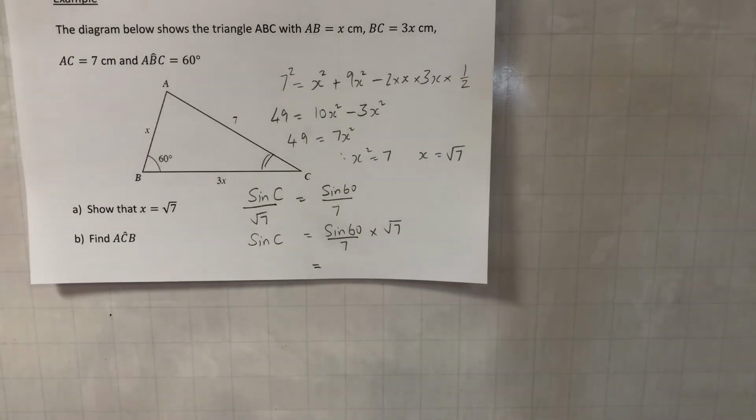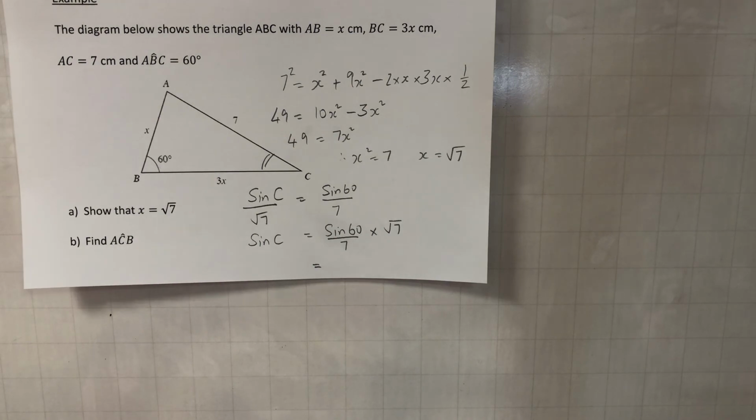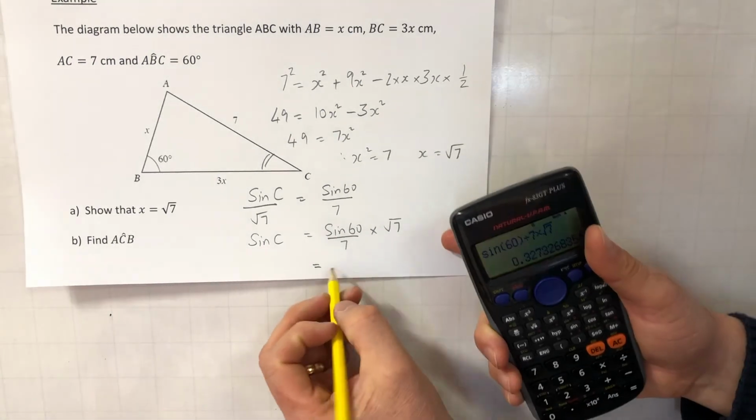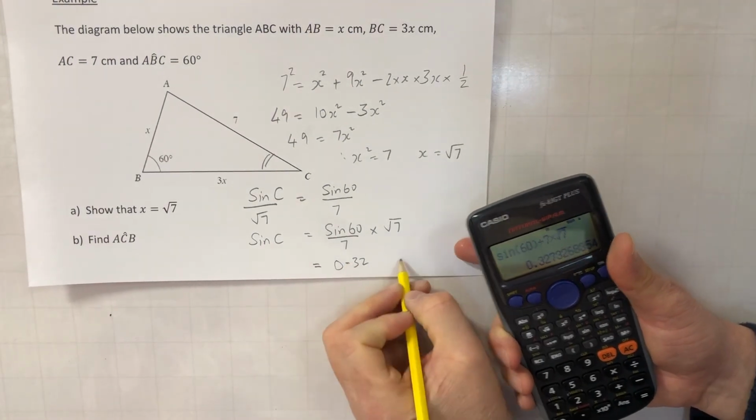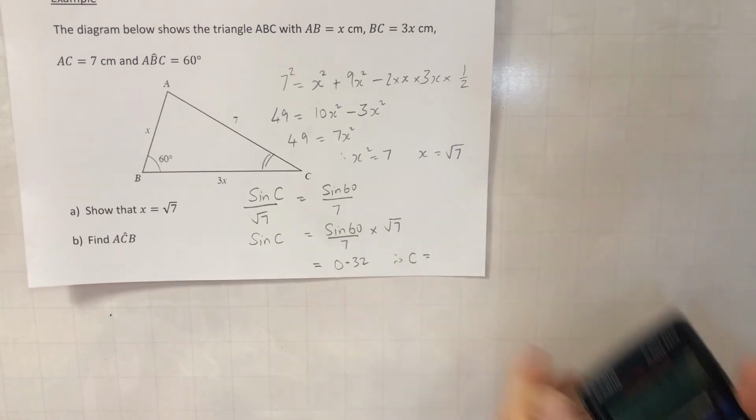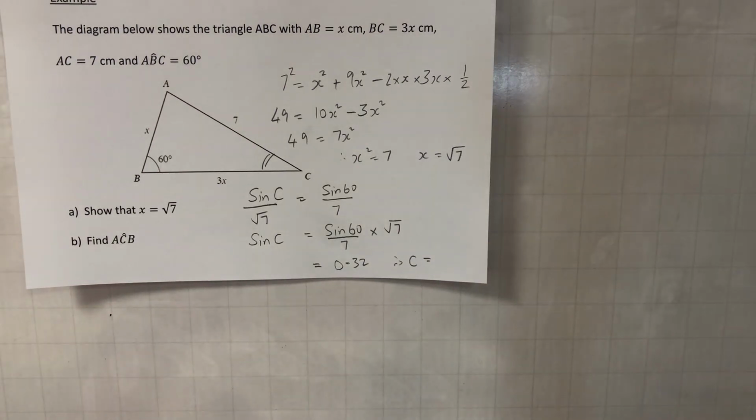Throw that into the calculator. So the sine of 60 divided by 7 times square root of 7 comes out as 0.32, etc. Therefore c is equal to the shift sine of that, which comes out as 19.1.